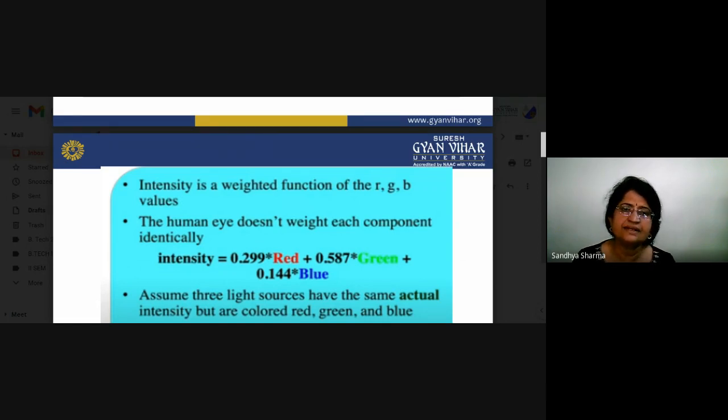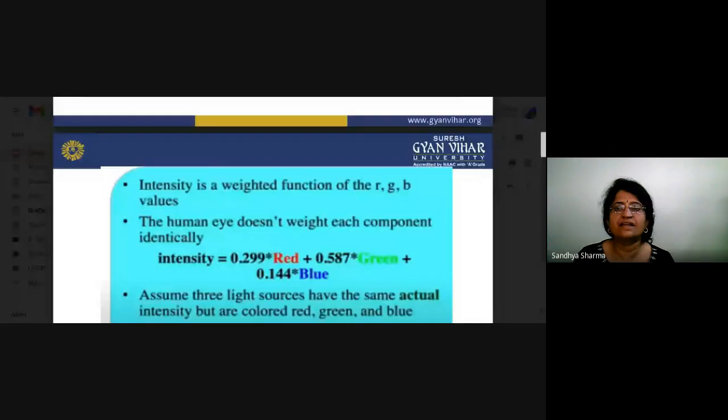Now we will see what about the intensity. Intensity is a weighted function. You can also assume that red color has its own intensity, green color has its own intensity, and blue color has its own intensity. So intensity is a weighted function, weighted over the RGB, that is the red, green and blue colors. If we have to measure the intensity, it doesn't weight each component identically.